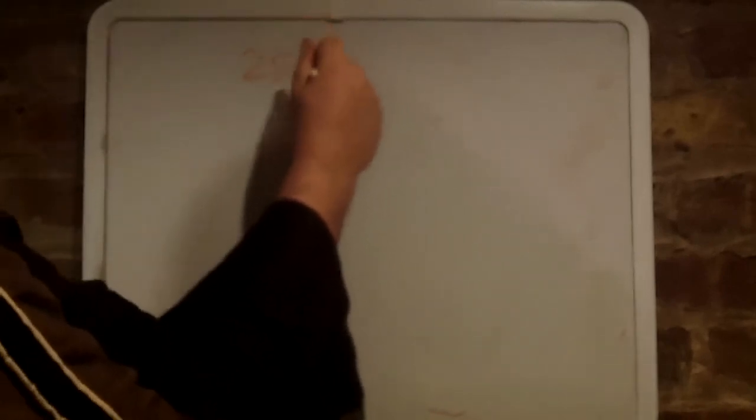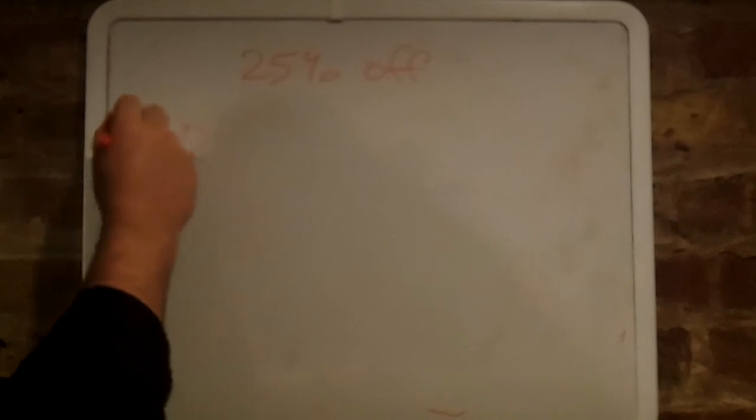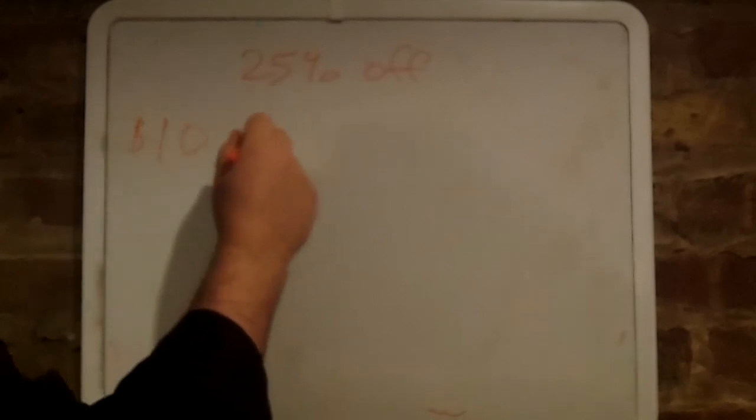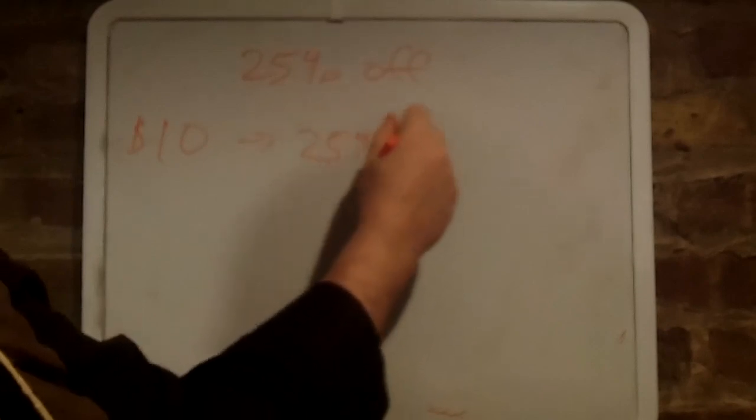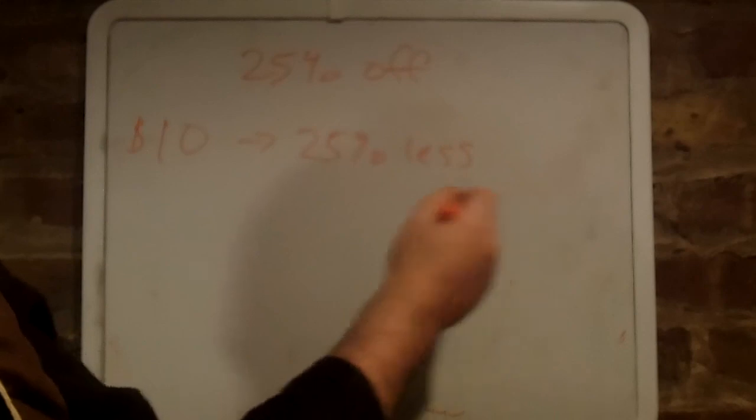To calculate a percent decrease, for example, if a store is having a sale, and say the sale is 25% off everything, suppose you're the storekeeper and you want to take 25% off the cost of everything. Suppose you have an item that's, let's say, $10. If you want to take it to 25% less, what would that new price be?